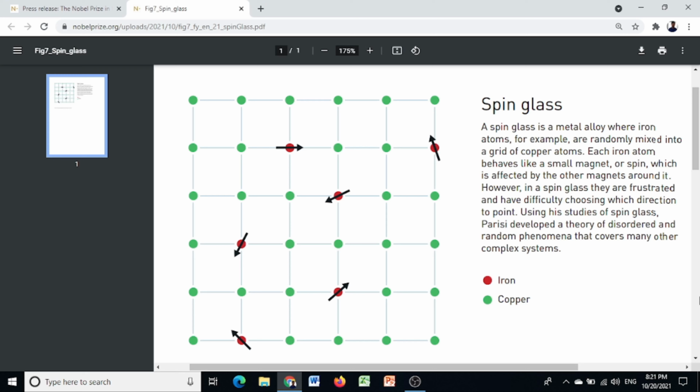Both spin glass and granular materials are examples of frustrated systems in which various constituents must arrange themselves in a manner that is a compromise between counteracting forces. The question is how they behave and what the results are.